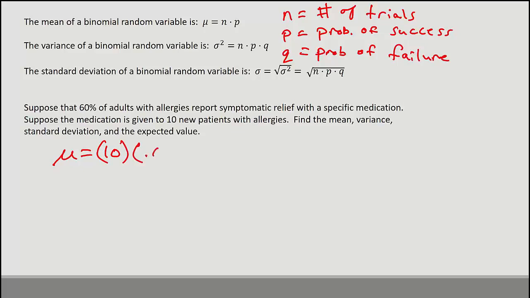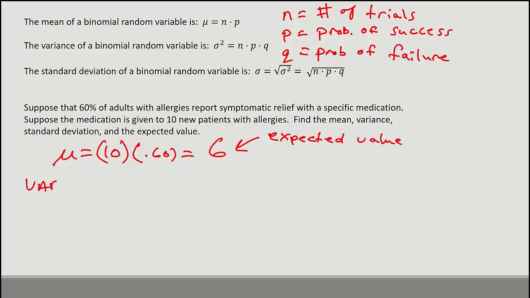And we multiply it by p, which is 0.60, which gives us 6. So the mean is equal to 6, which is also the same thing as the expected value. Okay, the mean is the same thing as the expected value.